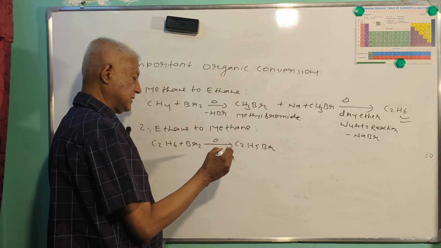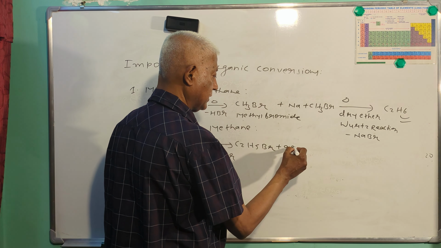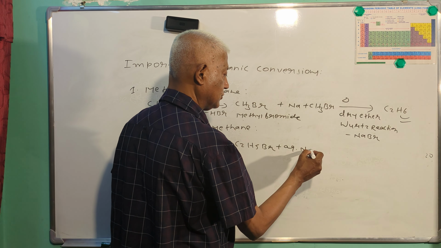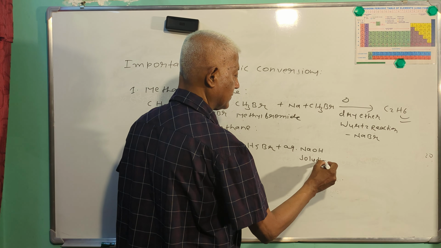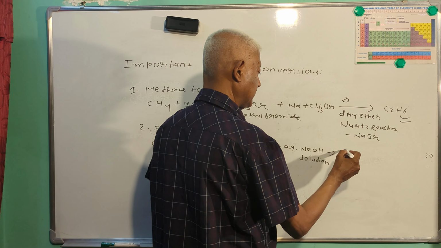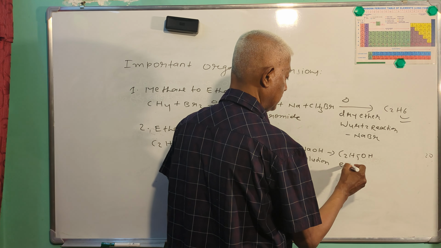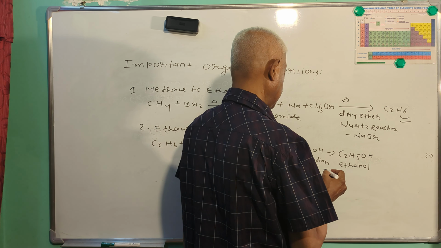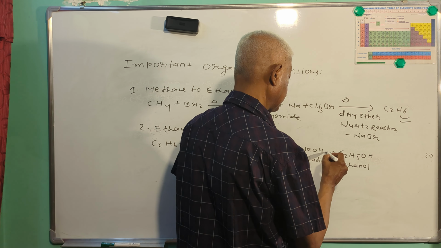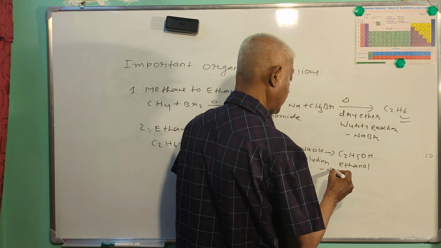We have already studied alcohol, so when that is treated with aqueous sodium hydroxide solution, we get C2H5OH, which is known as ethanol, and the side product is sodium bromide.